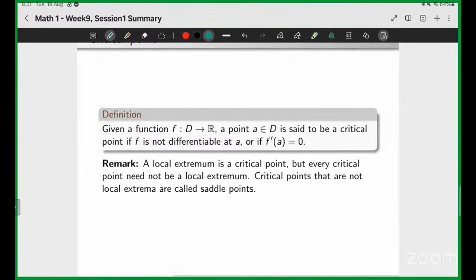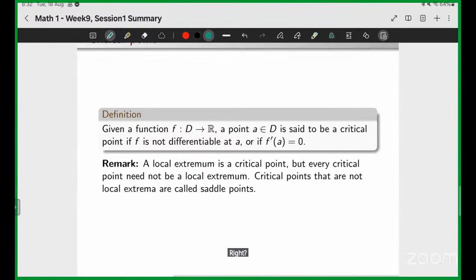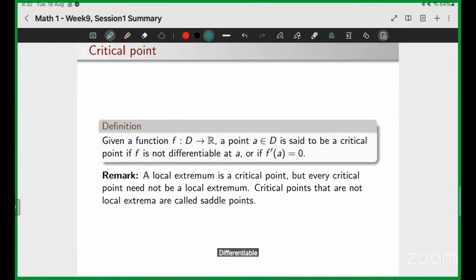Now, with that in mind, if we have a differentiable function, in order to detect minima or maxima, I know that the only points that I need to consider are the points where the derivative vanishes, right? But what about other points? Differentiable functions are the nicest class of functions.